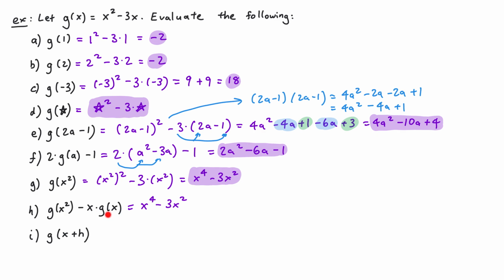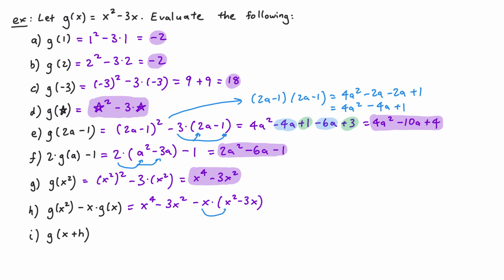So g of x is the output of my function when I input x, and that's given to us from the very beginning. The output of my function when I input x is x squared minus 3x. So we're going to write down minus x times g of x, we replace with x squared minus 3x. So let's simplify this.